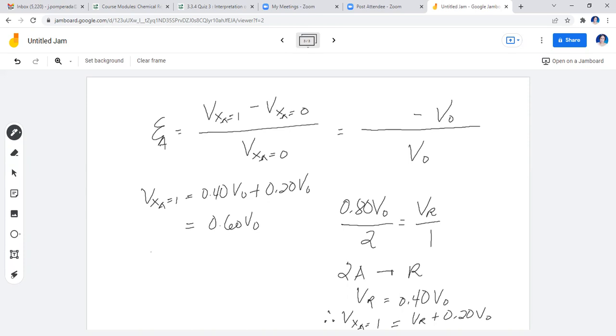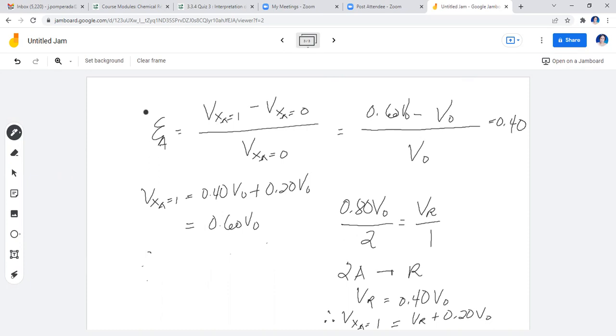So now you can go back to epsilon A and you will have 0.60 V sub O minus V sub O over V sub O. So this is 0.60 minus 1, which is negative 0.4.